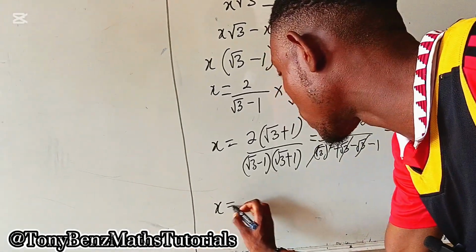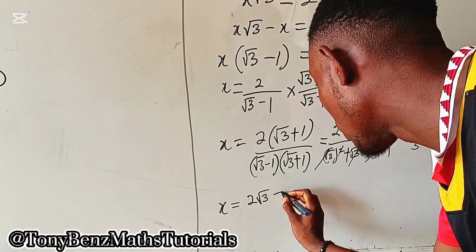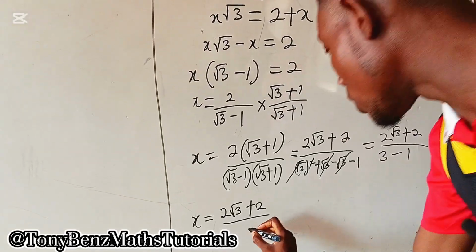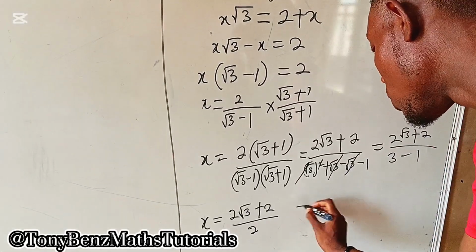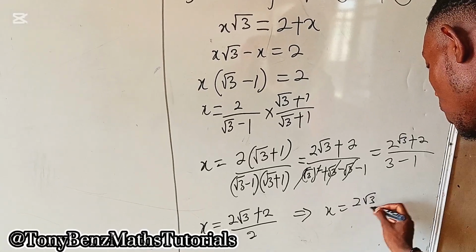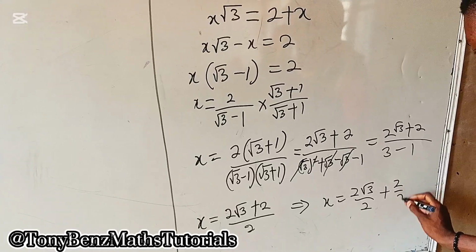So X is equal to 2 root 3 plus 2 all over 3 minus 1, which is 2. This implies X is equal to 2 root 3 over 2 plus 2 over 2.